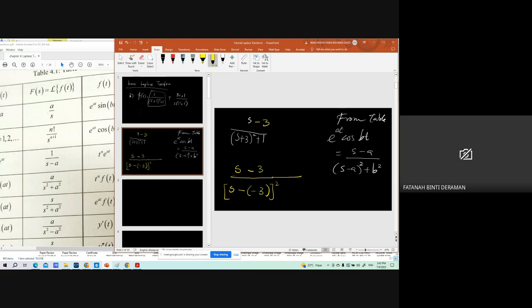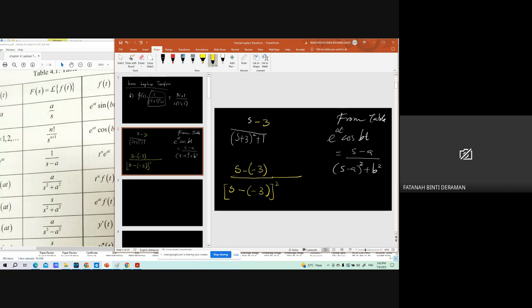So you should have the s minus a also. We need to create it back, so this becomes more familiar, more like the same.